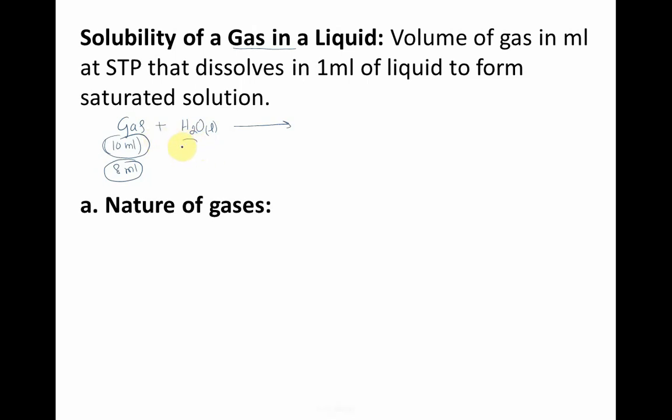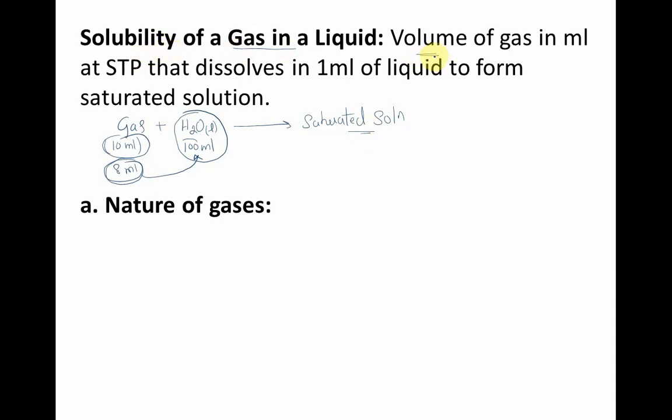Only 8 ml of gas has an ability to dissolve in 100 ml of water. Out of 10 ml of gas, only 8 ml is soluble in 100 ml of water to form a saturated homogeneous solution. This is called solubility of gas in liquid.